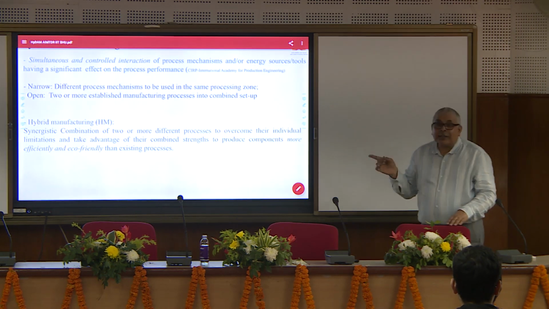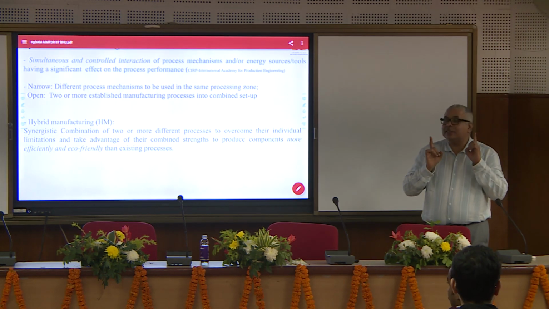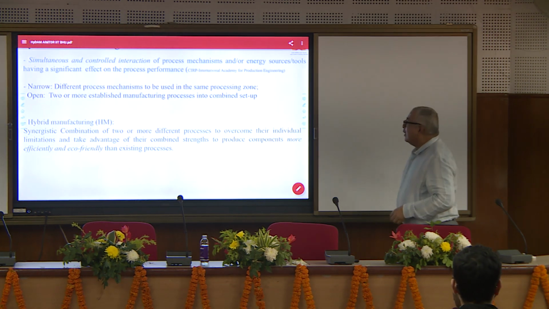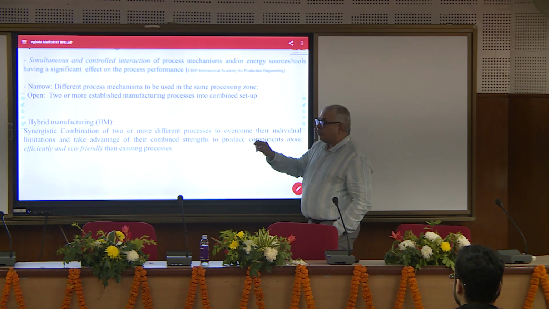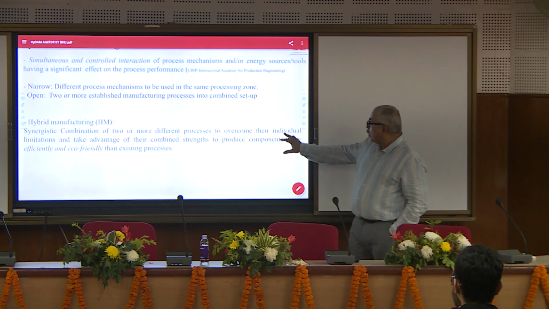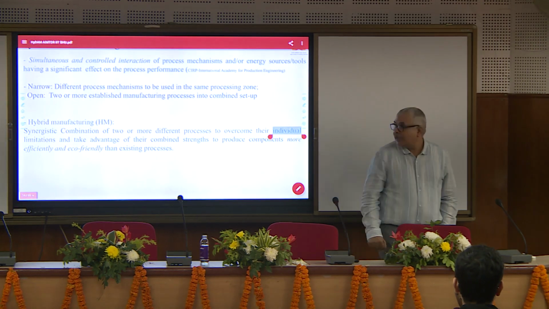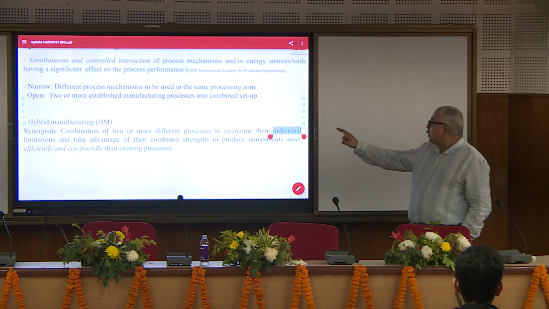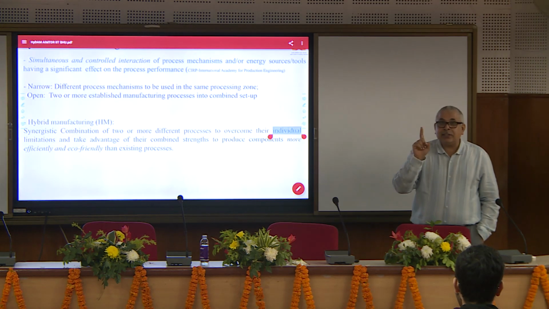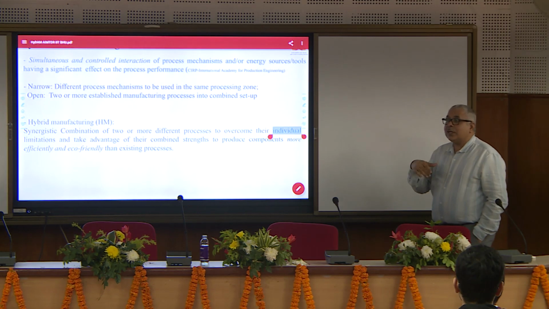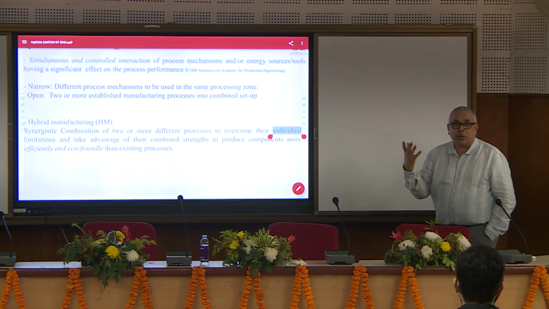A synergetic combination between the processes is very, very important. Of two or more different processes, to overcome their individual limitations and take advantage of their combined strengths. That's the very, very important thing. We can only do that when we understand each and every manufacturing process properly.